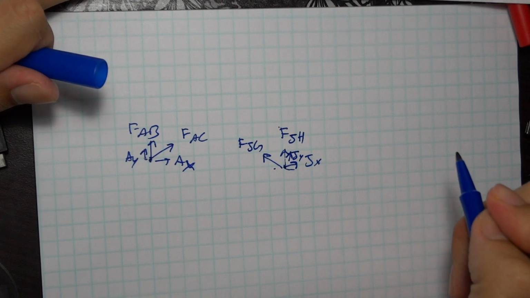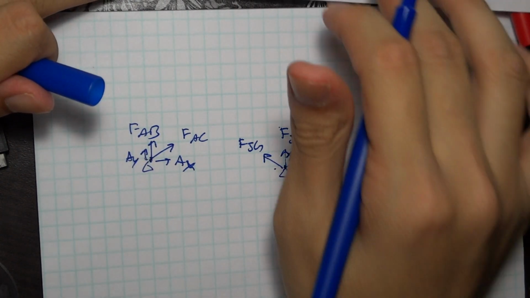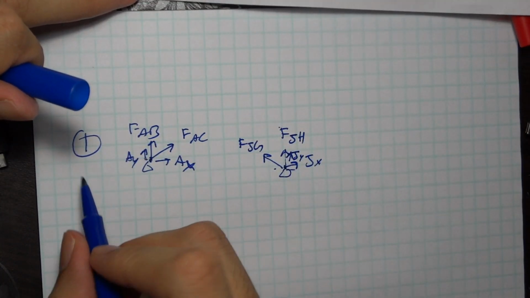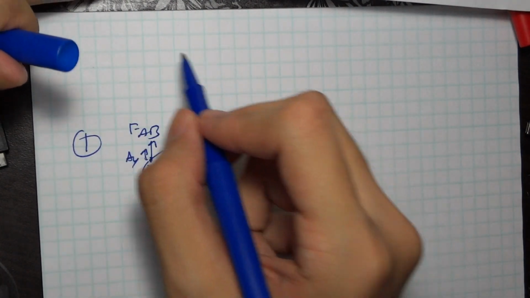And note that when you do method of sections, you're really getting 2 sections. This is section 1, which is the bottom half. The top half is up here.